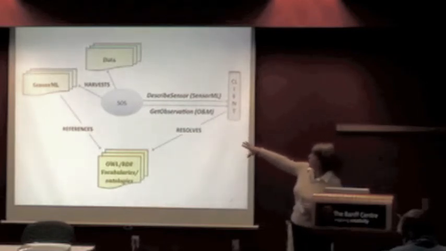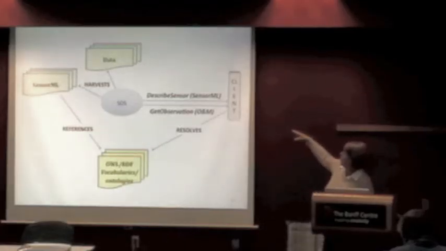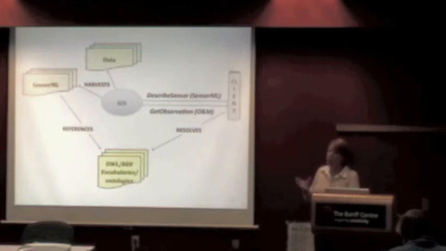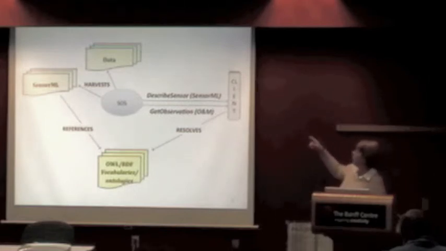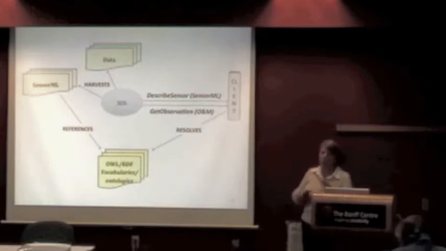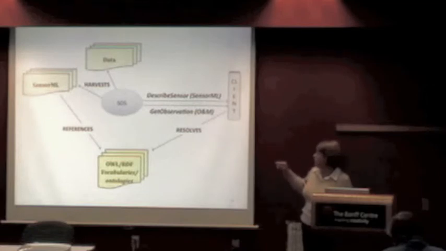We have the SOS service, which harvests SensorML and also harvests the data, and puts out the data as GetObservation responses in O&M, and the sensor descriptions, system descriptions and platform descriptions in DescribeSensor. These SensorML files have been infused with URLs, which can be referenced.